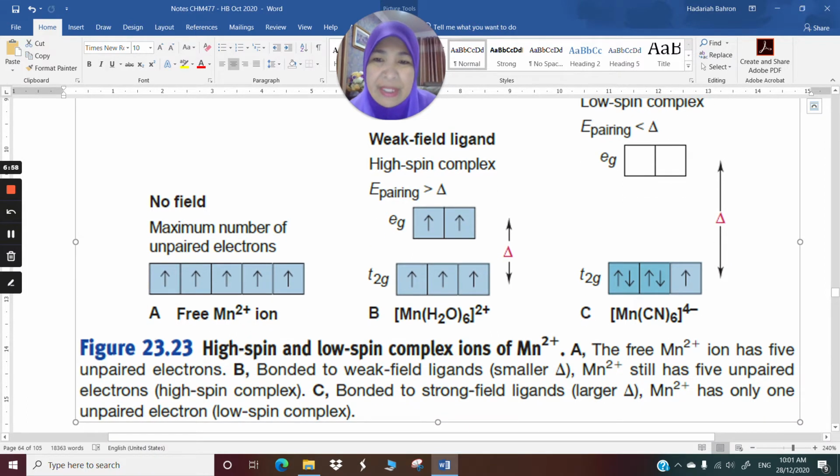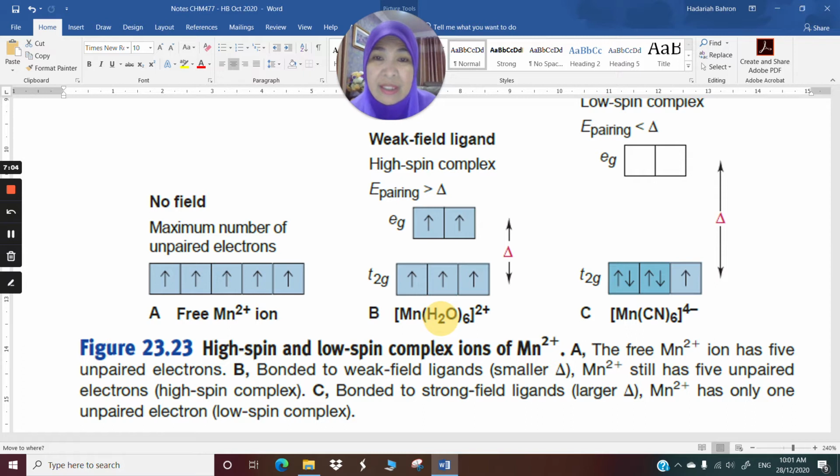When you have 6 ligands, for example, 6 water molecules approaching this manganese 2 ion, you are going to have splitting happening, where T2G orbitals will be at a lower energy level compared to the EG orbitals.